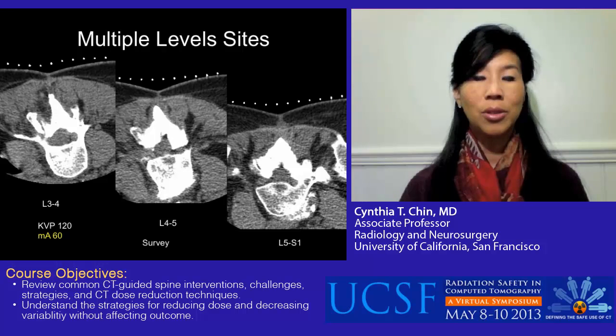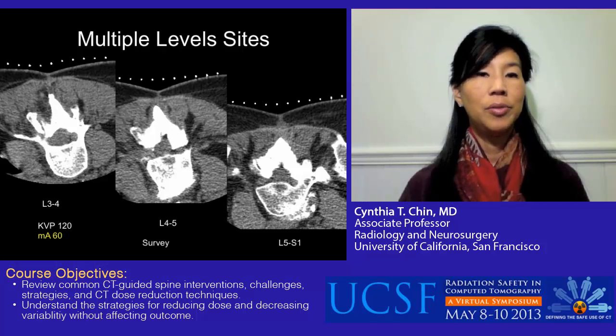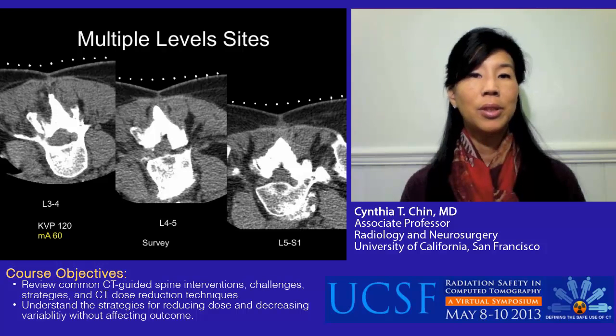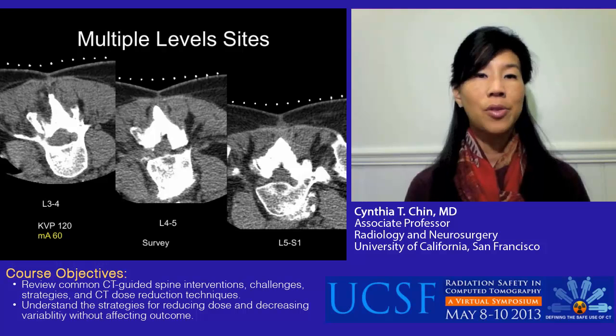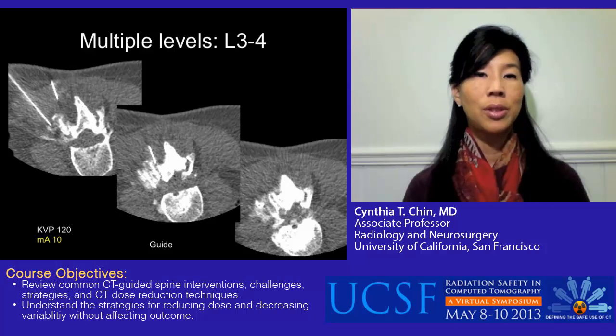And so we see the 3 localizing survey or scout views that were obtained. We perform each of these at the same time. They are acquired during the localizing phase in the same sweep. And as we can see here, the guide phases are also imaged at the same time.